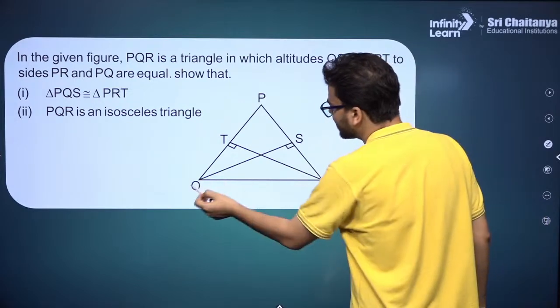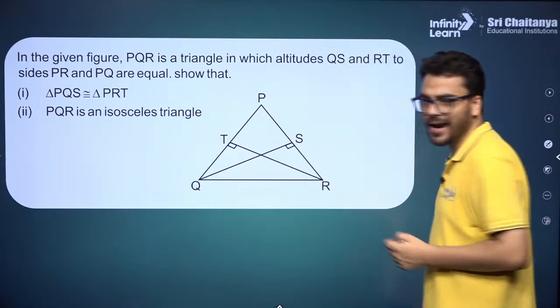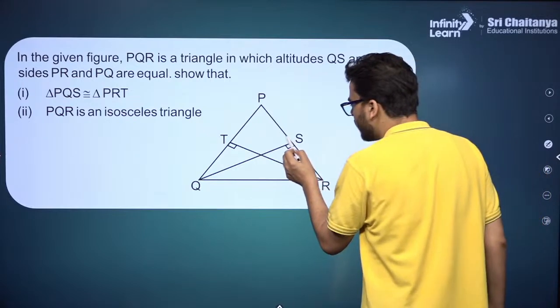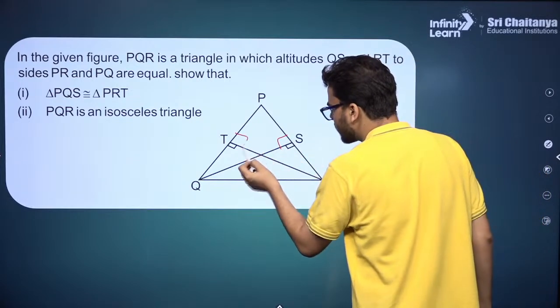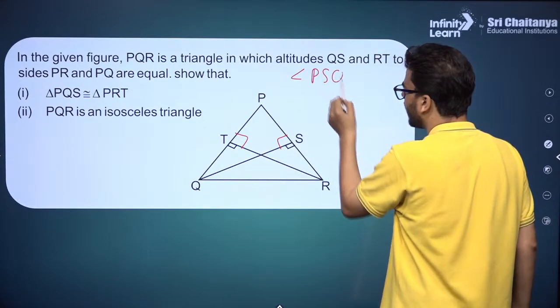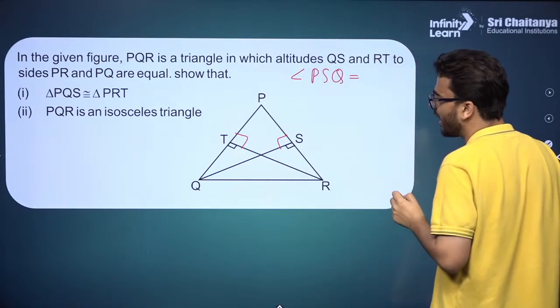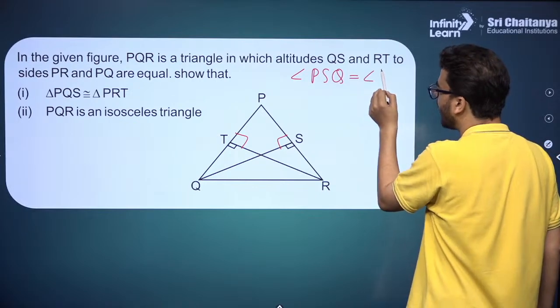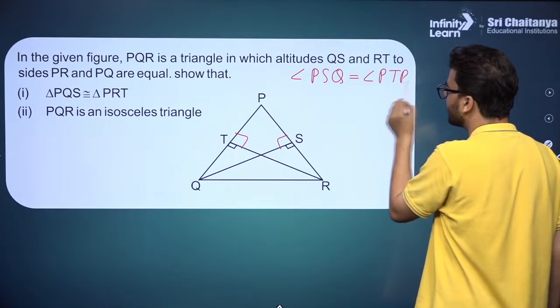It is given that QS and RT are altitudes, so this is 90, this is also 90. So angle PSQ is equal to angle PTR is equal to 90 degrees.